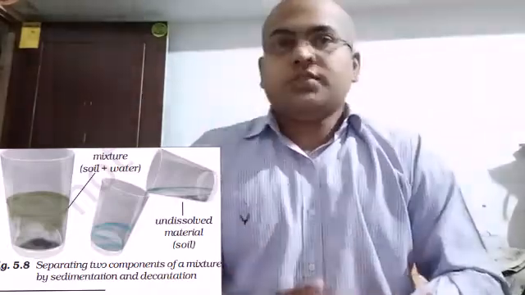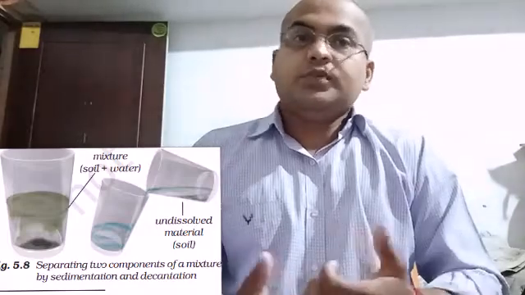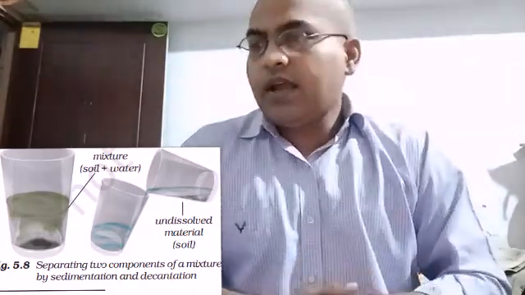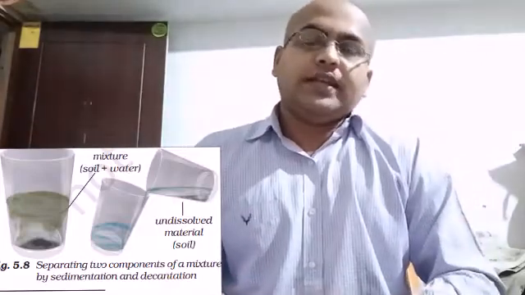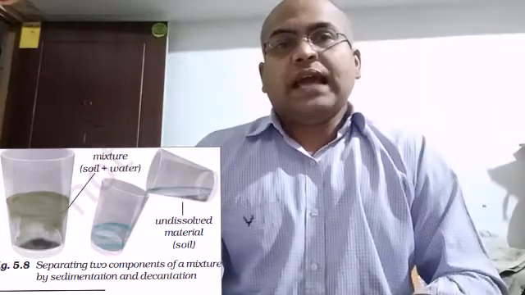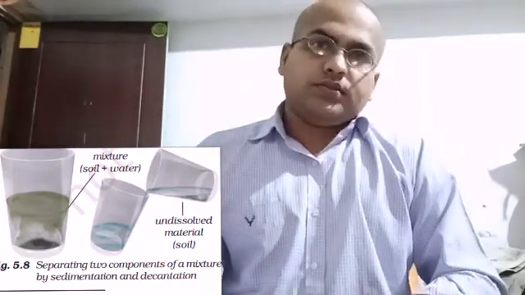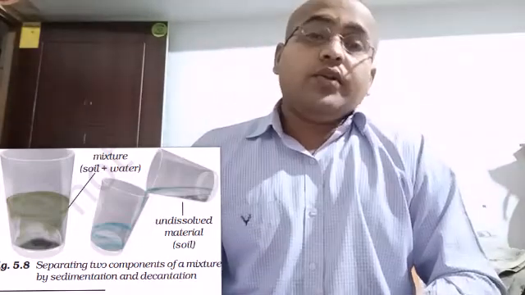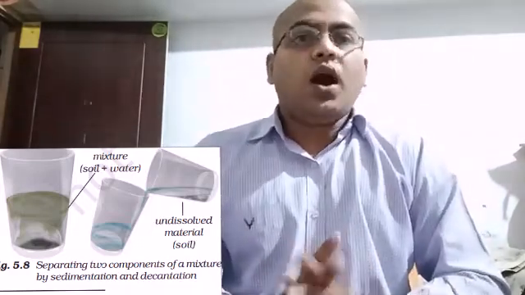Now comes the next process, that is the process of condensation. Here another activity is given, that is activity 7. Here we take a mixture of sand and salt, and we are going to separate this mixture. So how?